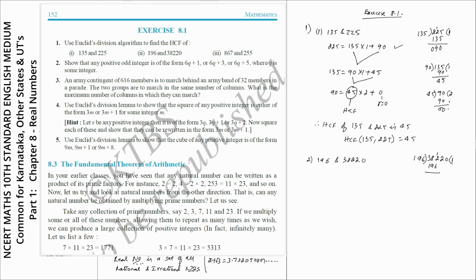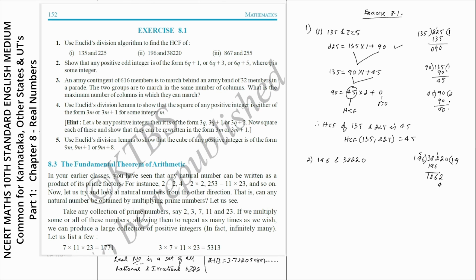12 minus 6 is 6. 17 minus 9 is 8. 2 minus 1 is 1. I'll take 2. Now 196 into, I'll take 9. So 196 into 9, 6 9s are 54.